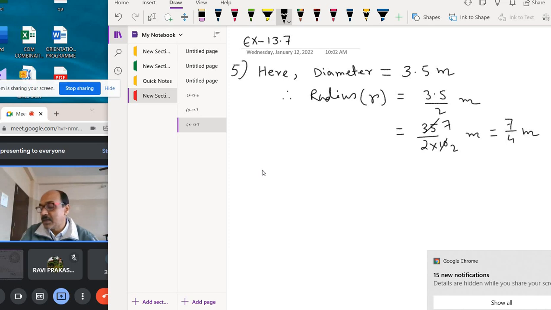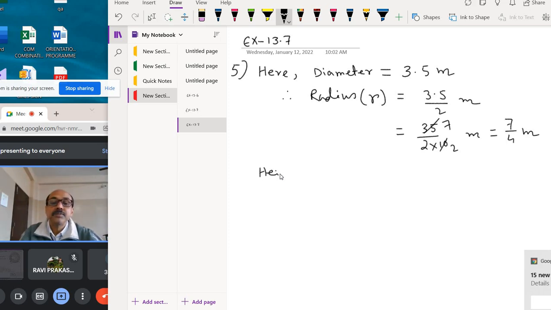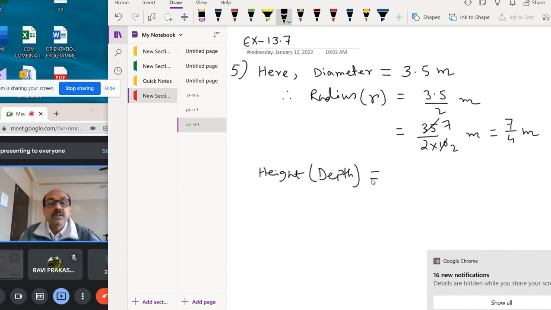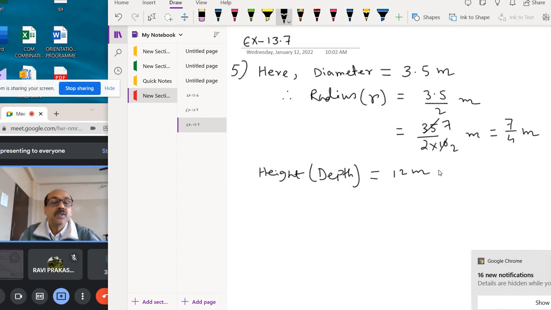Now also given is the height or depth. Height, that is h, equal to 12 meters. Okay, so now the question is to find the capacity.